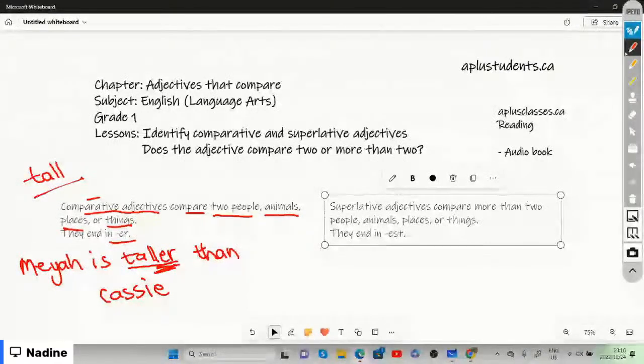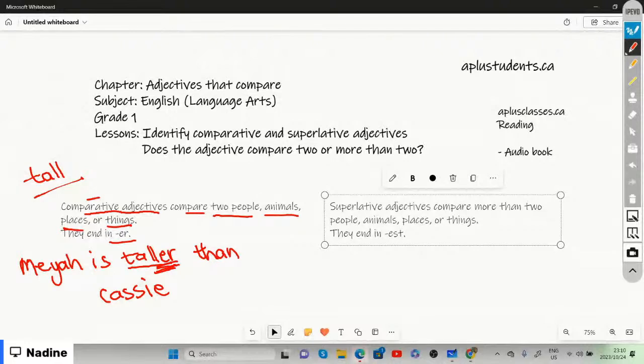And then we say Mia is taller than Cassie. That is called a comparative adjective, where we compare two people, two animals, two places, or two things.